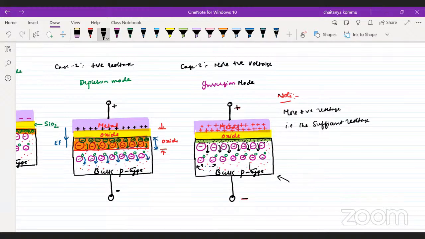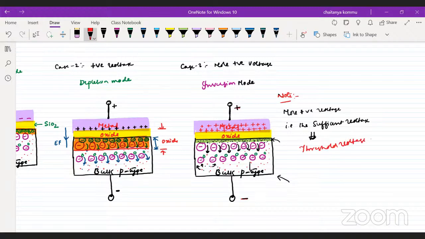Therefore, this particular region is completely inverted. That means whatever was previously positively charged is now negatively charged, a completely negatively charged surface under the silicon dioxide. Technically the sufficient voltage is also called the threshold voltage, popularly known as threshold voltage.